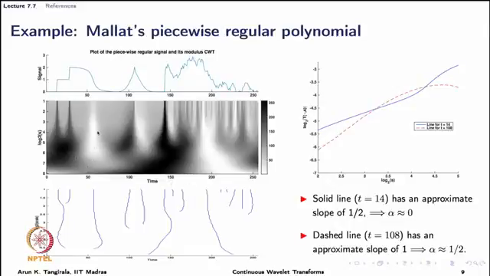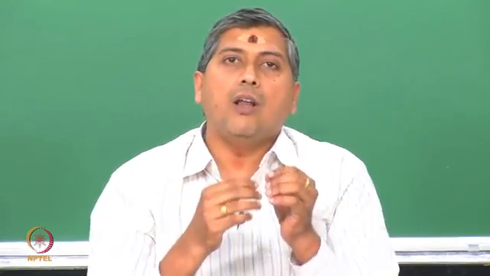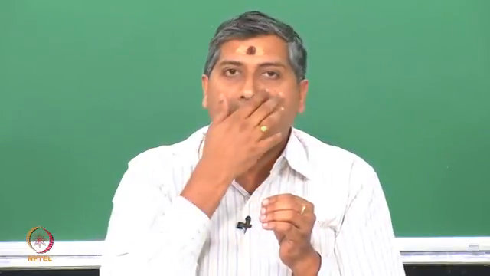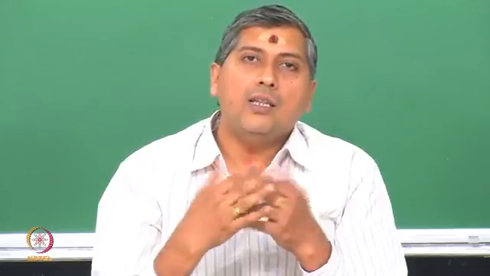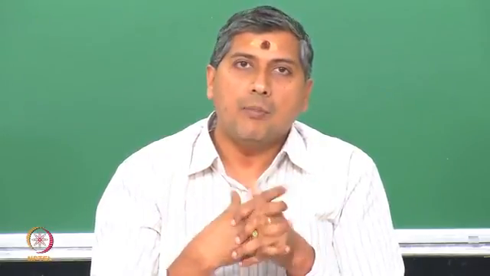Now this is the problem that you can run into if you only follow the feature which goes from coarse to fine scales. We said singularities are detected by following the lines that converge from coarse to fine scales. If you only use that feature, then you may run into some ambiguities.